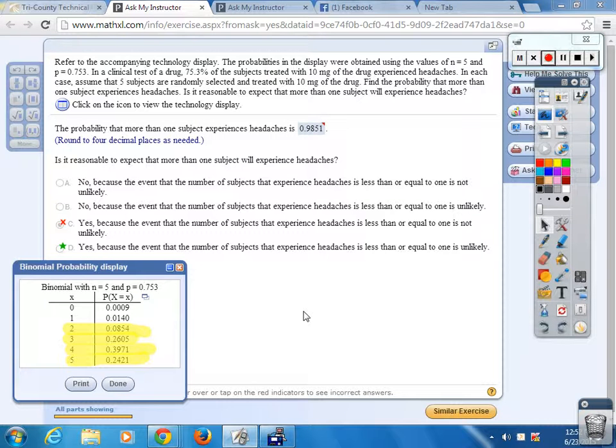Okay. All right, so the next step is the probability that more than one subject experiences a headache. Is that the easiest way to do it? No, it's not. There's another way that's a little bit easier. What is that? Yes, you can add them all up and get the answer, but what's the other way you can do it?